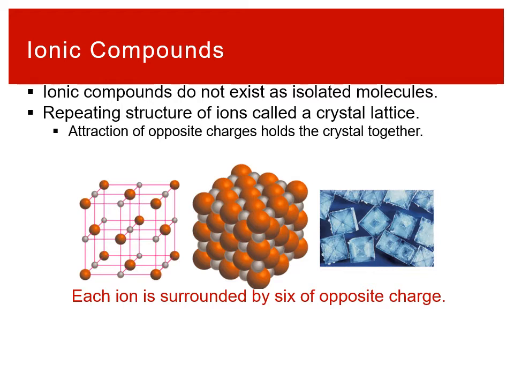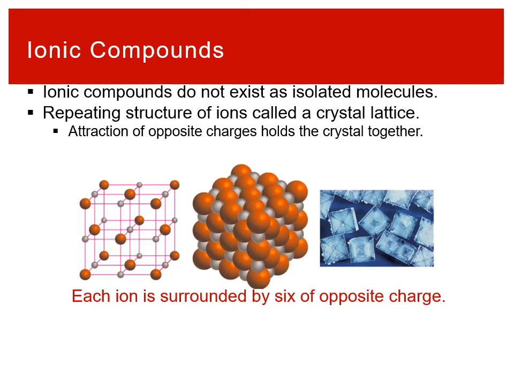This crystal lattice is a repeating three-dimensional pattern of ions arranged together, such that the positively charged cations are maximally surrounded by the negatively charged anions. This is actually why they don't form individual molecules, because basically you want as much positive touching as many negative ions as possible.